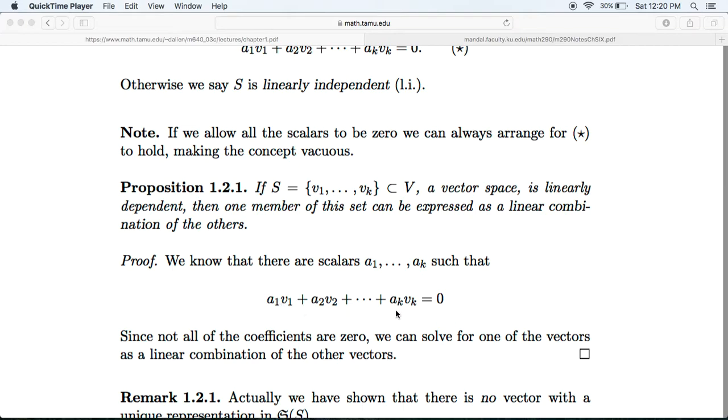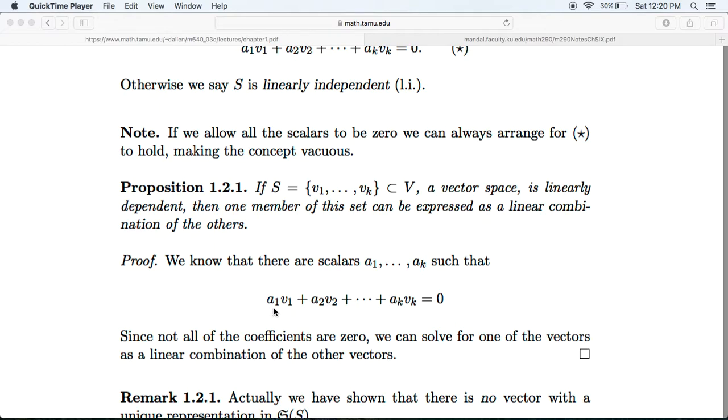Because these vectors are linearly dependent, I can write them as a linear combination such that it forms the 0 vector. Now, since not all of these coefficients are 0, we can always take one of these monomials to the other side such that its coefficient is non-zero and divide by its coefficient to get that monomial in terms of the others.